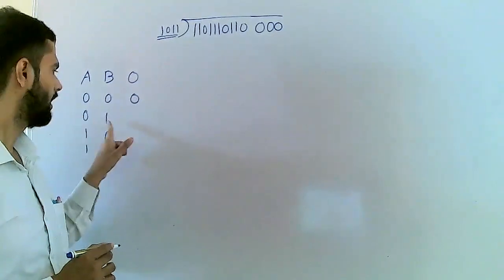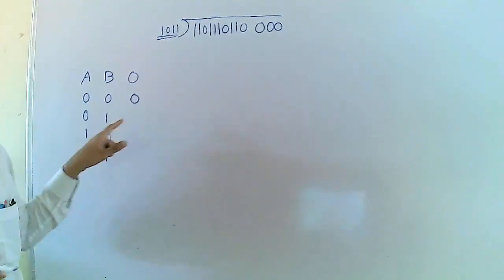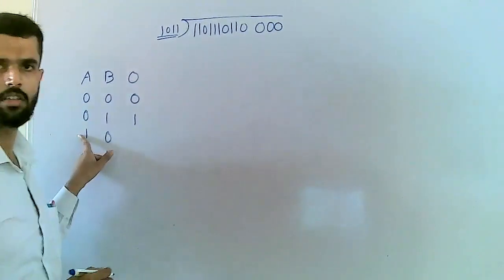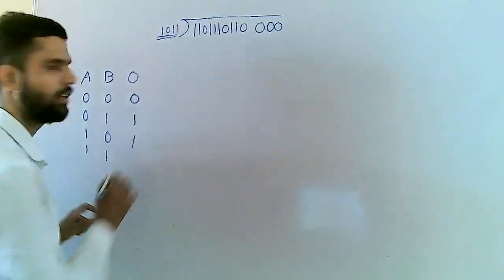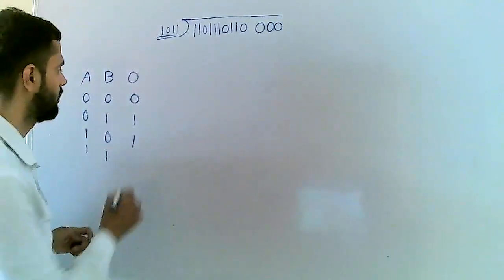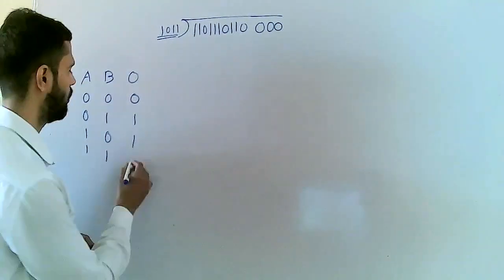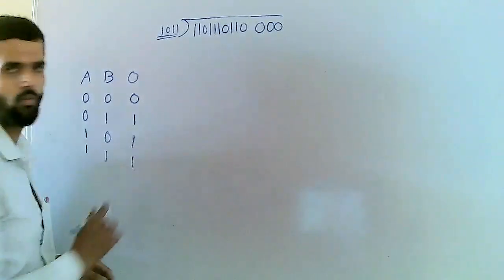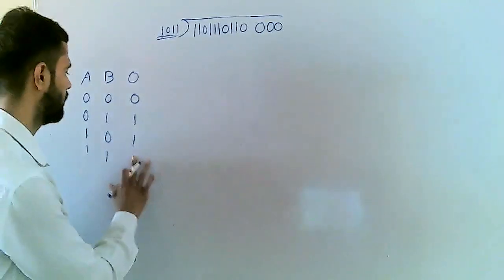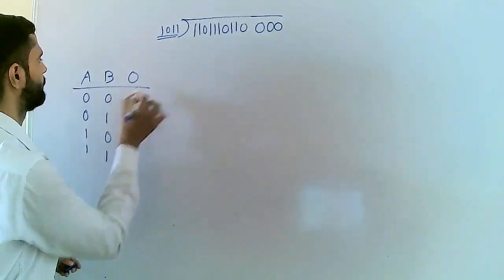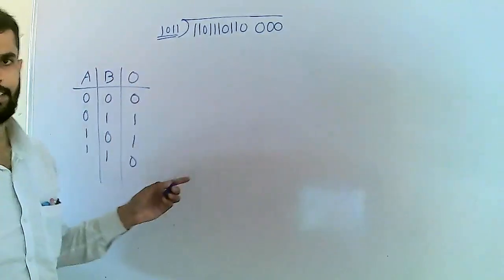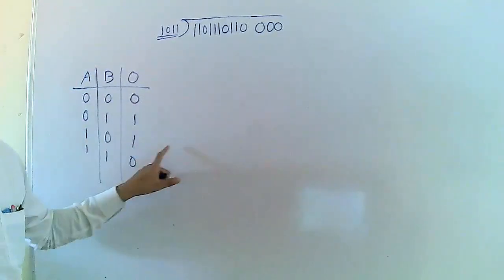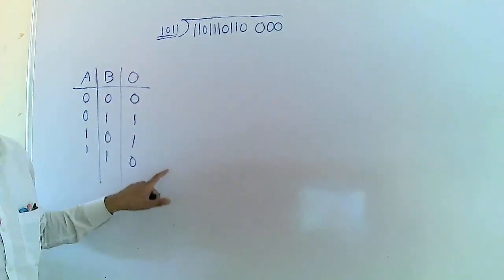If one value is 0 and the other is 1, the output is 1. Again, if one value is 0 and the other is 1, the output is 1. And if both values are 1, the output is, sorry, not 1, it is 0. This logical table will be required for solving the example.